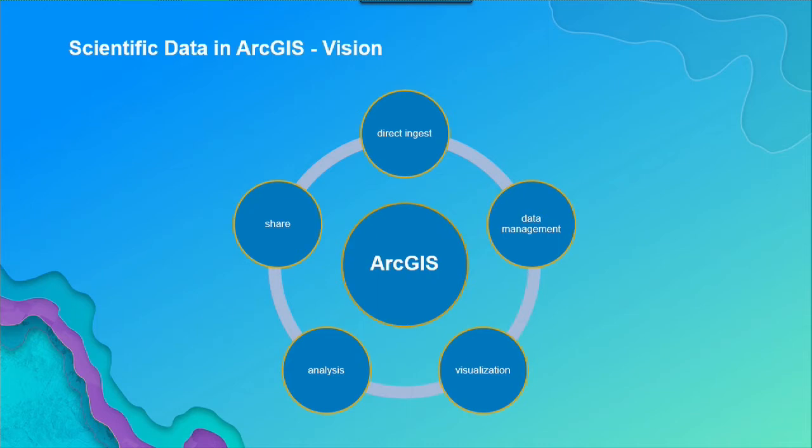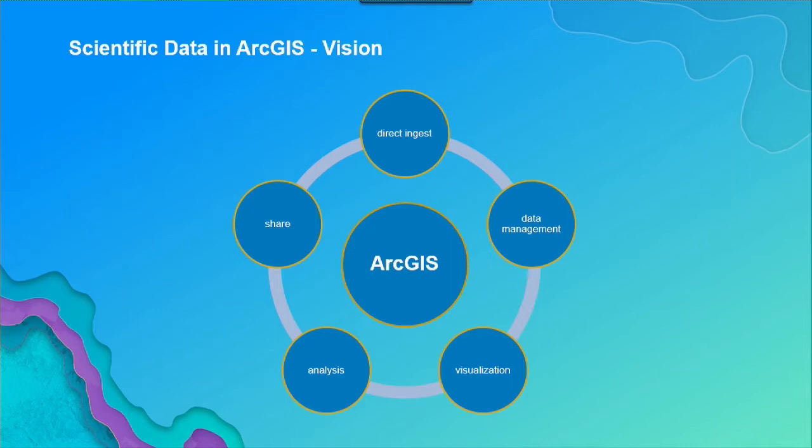What are the things we want to do? When we started working on this, back in 9.2, the first release when we actually exposed this functionality, we had a very simple vision. The vision is that those unknown-looking data formats that are not considered regular GIS data, we will treat them like GIS data.